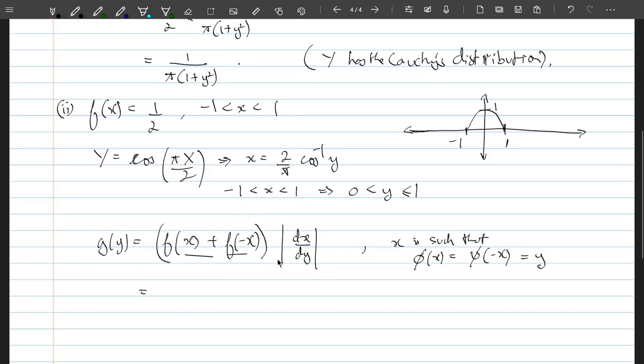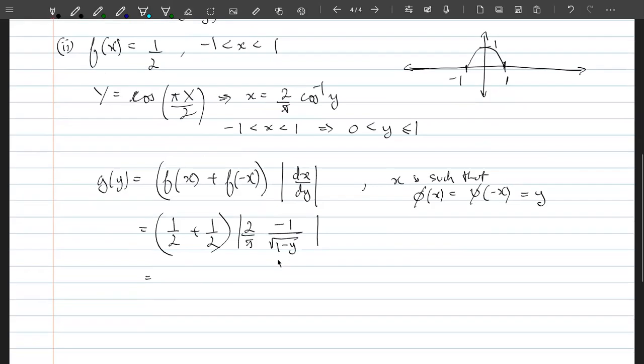Again, you write these in terms of y. So here there is no problem because f of x is half. So that's not a problem. You can just write half plus half. And what is dx upon dy? It is just the derivative of this, which is 2 by pi times minus 1 by square root of 1 minus y square.